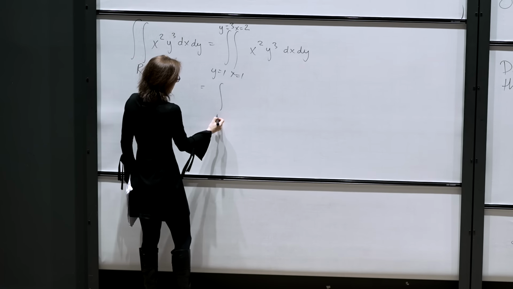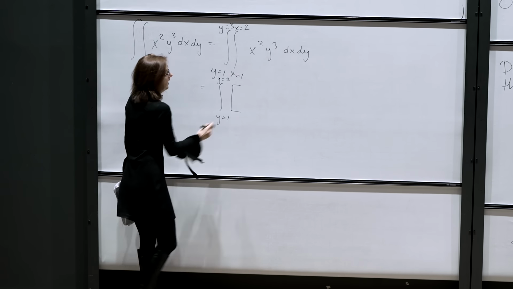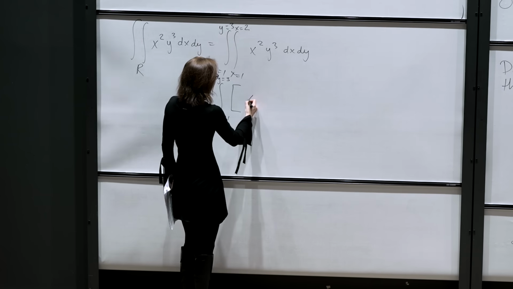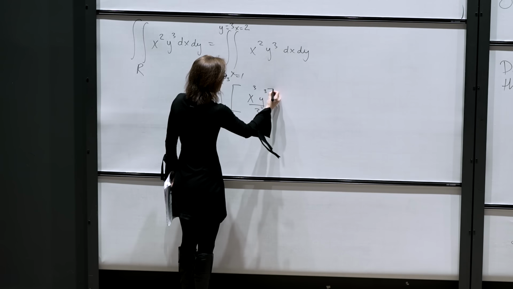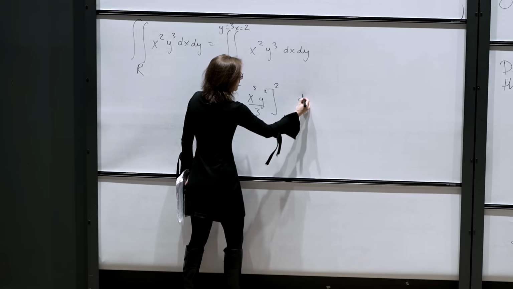Keeping the outside integral in play and integrating x squared y cubed with respect to x gives me x cubed y cubed over 3. Now I put in my limits between 1 and 2, dy.